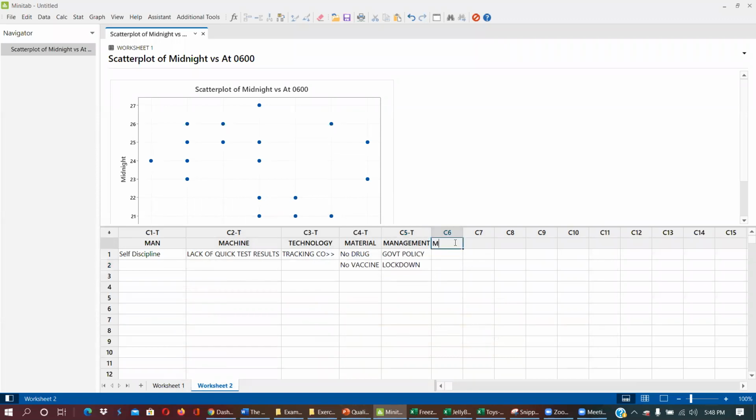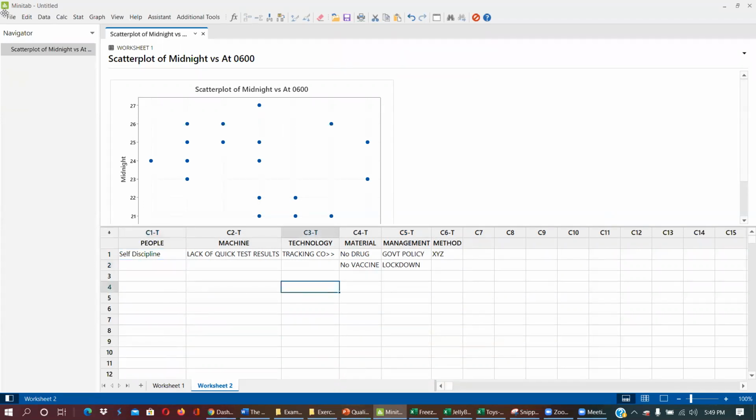Method, I think method will have policies. I'm just putting xyz as some words, so 1 2 3 4 5 6, and here I would say people, and we can list down here.